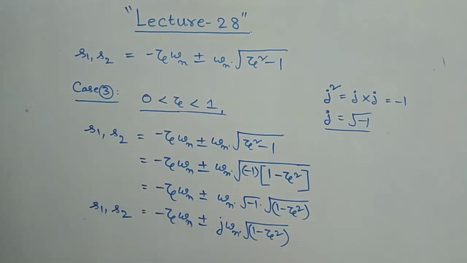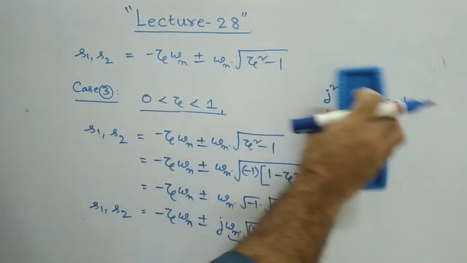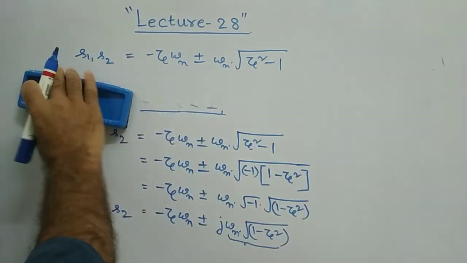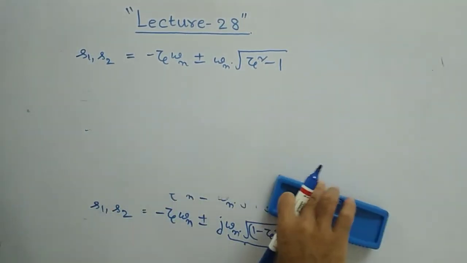Here you can write that this part, omega n into square root of 1 minus zeta square, we can treat as omega d. I will erase here. You are following, no? So I will erase here and write the next step.